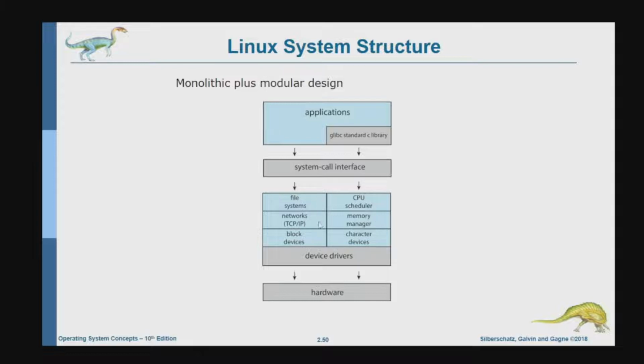The services are provided by the OS: the file system, the scheduler, the memory management, the input output, the communication. And then it has the device drivers and the hardware. So we have the hardware, the kernel part, then the system call, and then the application or the user part.